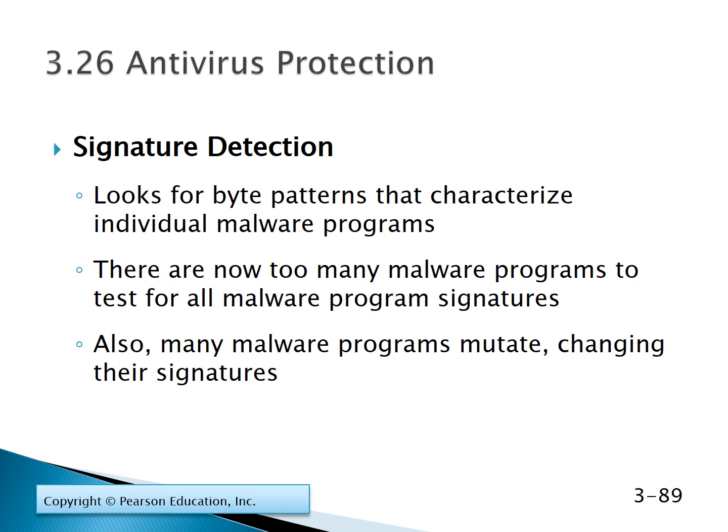Also, many malware programs mutate. As we said, there are many forms. They may not change their signature, but sometimes they may also change their signature. So it's making the antivirus more difficult. So that's why just having the antivirus software is not enough. You need to have it together with the firewall, and also the user has to be very careful, has to be vigilant.